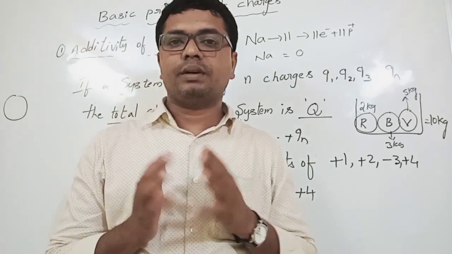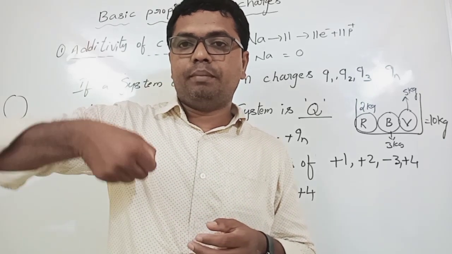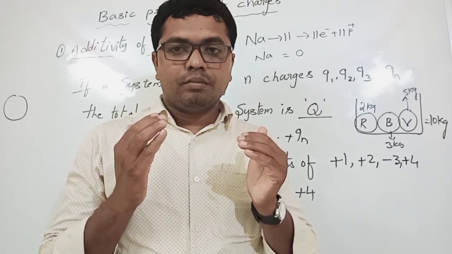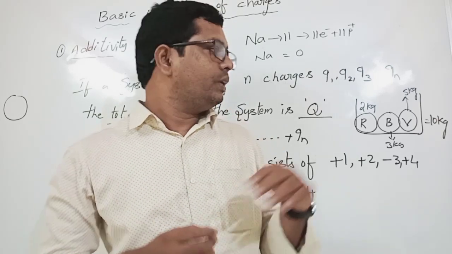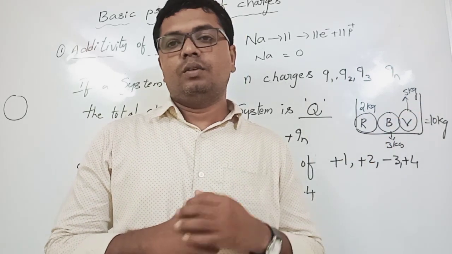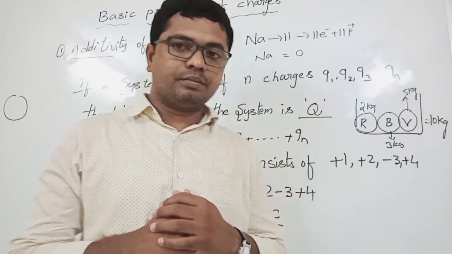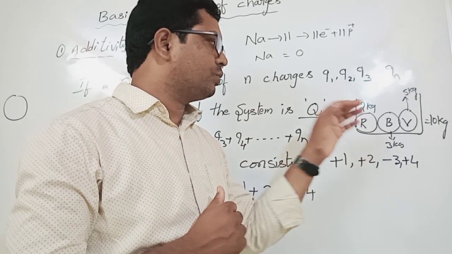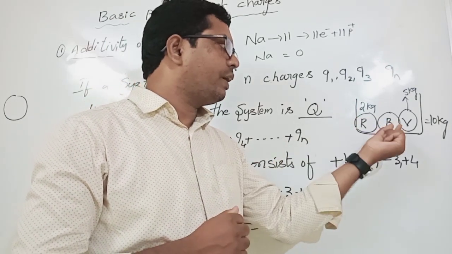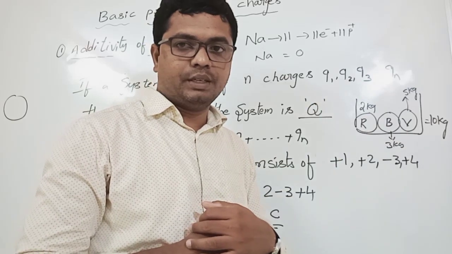Similarly, another example. There is a person carrying a bag. In that bag, 3 different kinds of spheres are there: a red sphere, a blue sphere, and a violet sphere. The red sphere has a mass of 2 kg, the blue sphere has a mass of 3 kg, and the violet sphere has a mass of 5 kg.